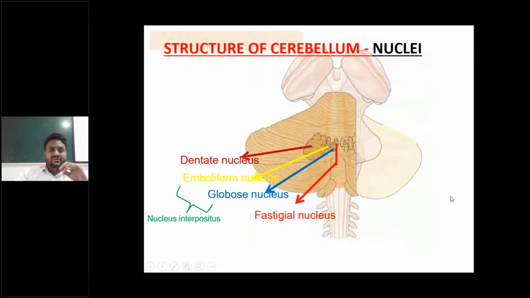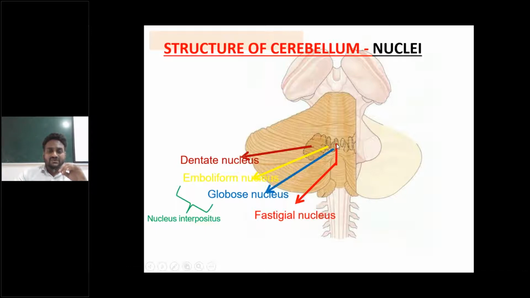And next we come to the structure of the cerebellum. Which part are we going to study now? Nuclei. Already I told you, gray matter consists of cerebral cortex and also cerebellar cortex and nuclei. And here we can see the four nuclei, from middle to lateral, that means from midline to lateral aspect.